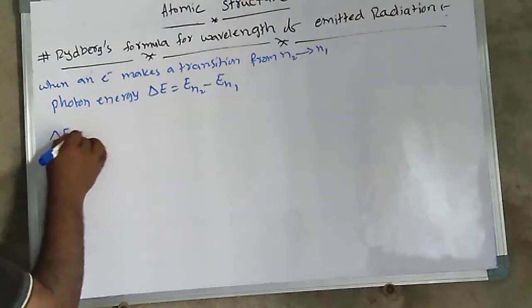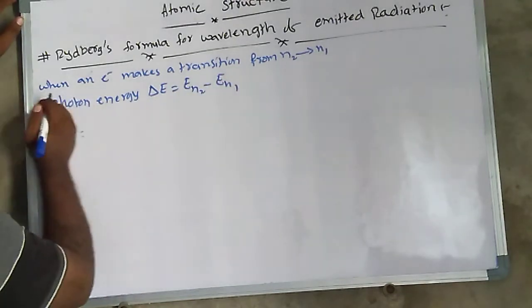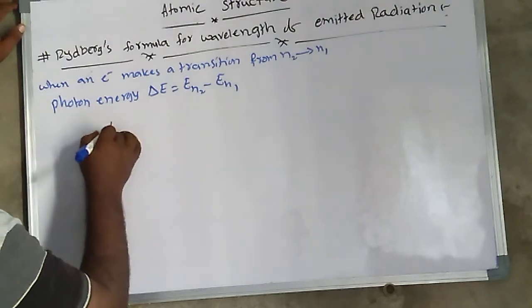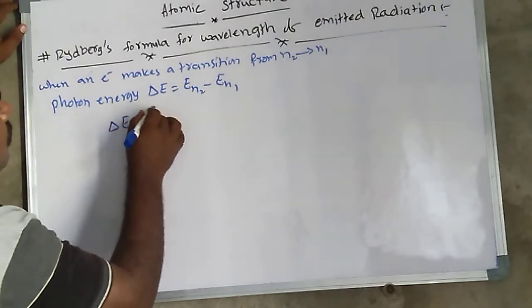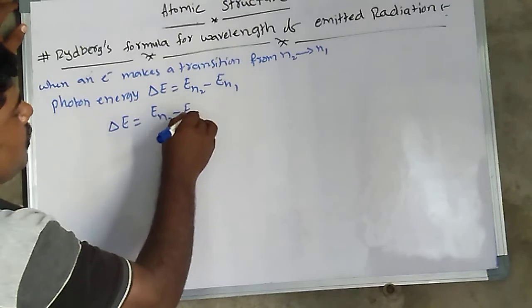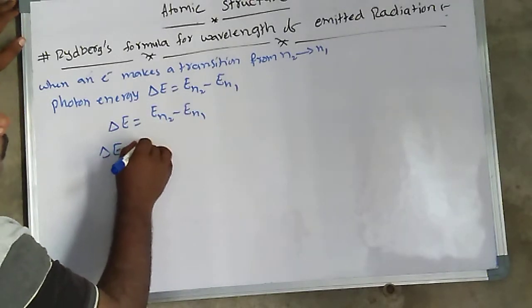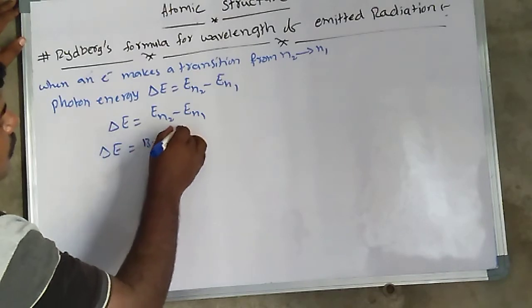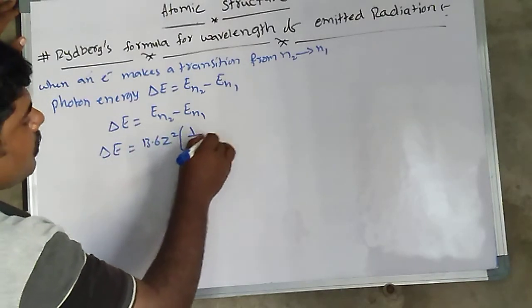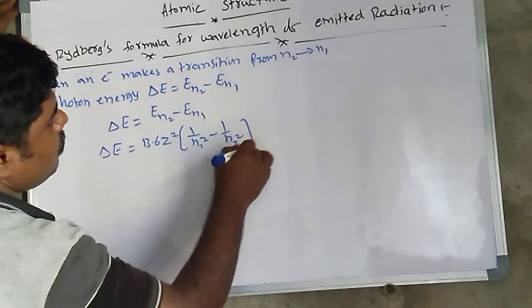So delta E is equal to 13.6 Z square, taking out the common factor, 1 by N1 square minus 1 by N2 square.